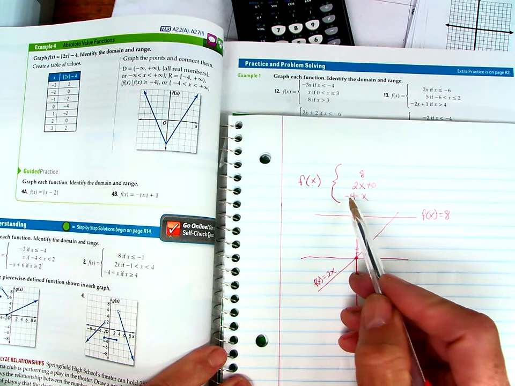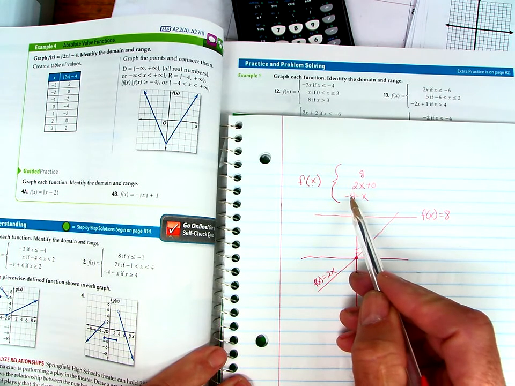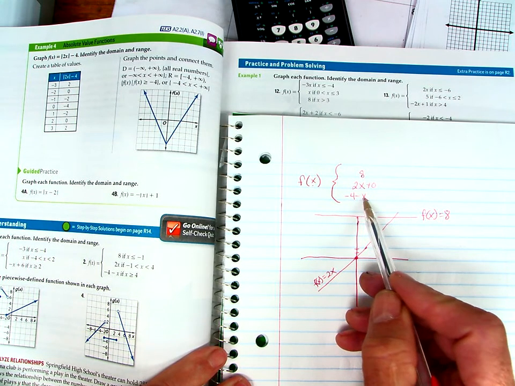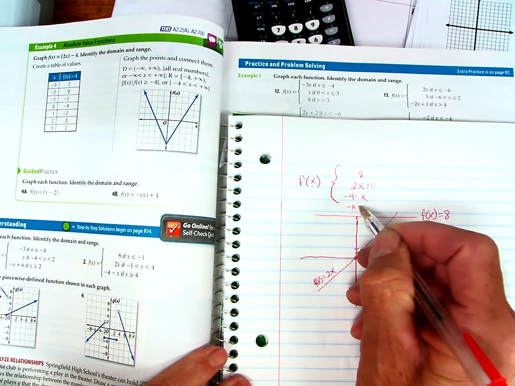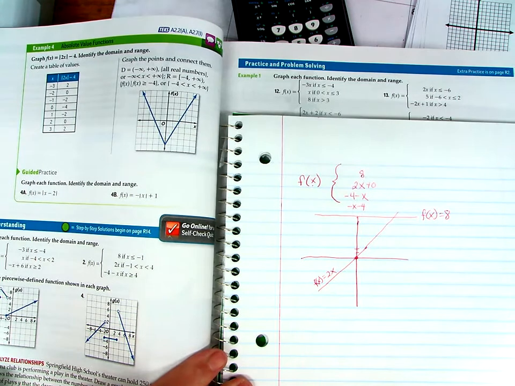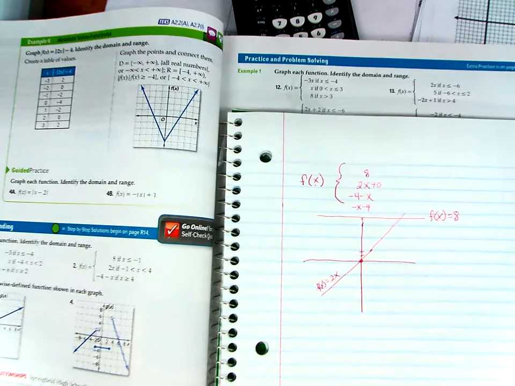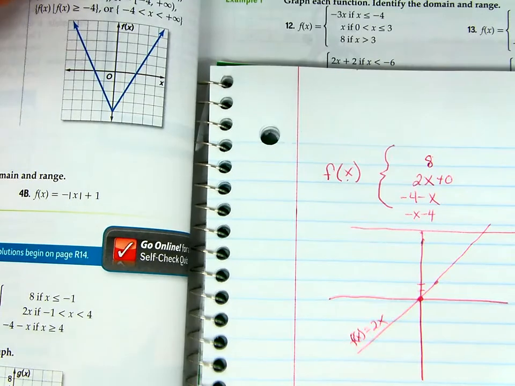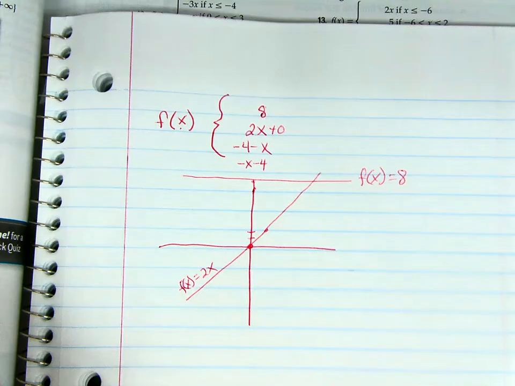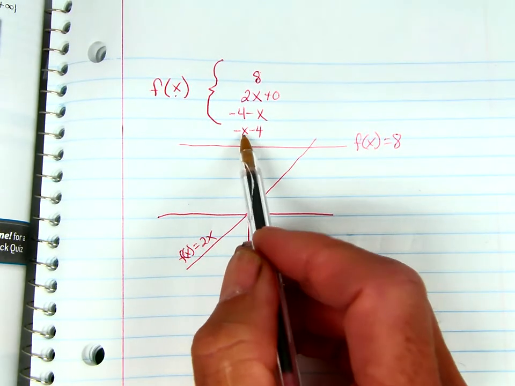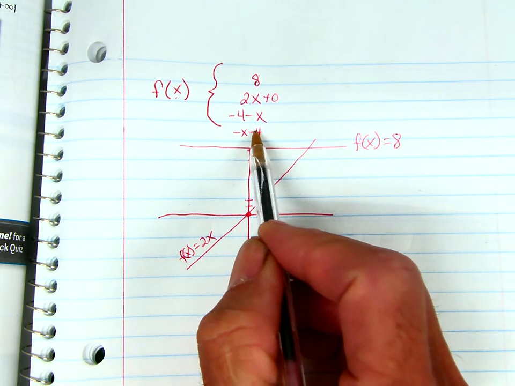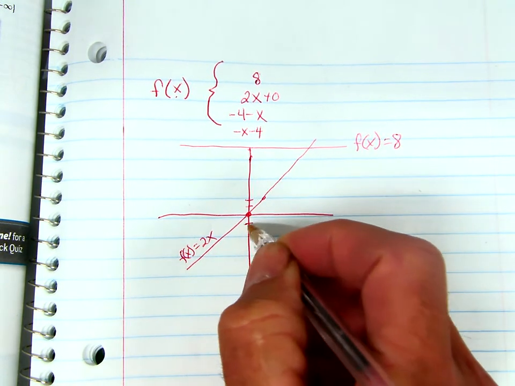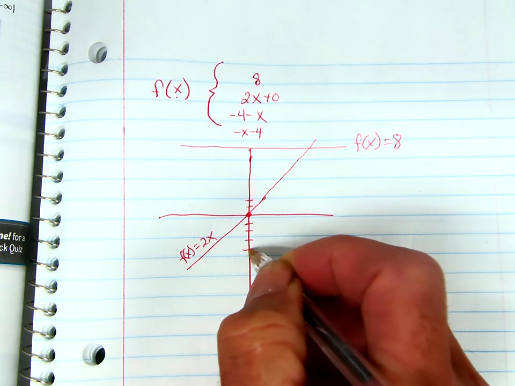And then finally, the function f of x equals negative 4 minus x. That can be rewritten as negative x minus 4, just to make it a little bit more understandable. Because now we have it in slope-intercept form. Here's our y-intercept. 1, 2, 3, 4.